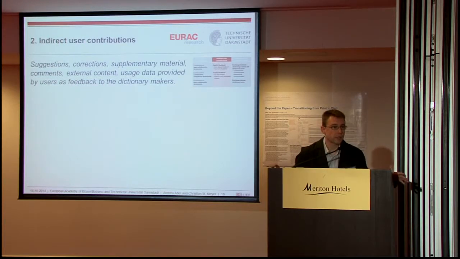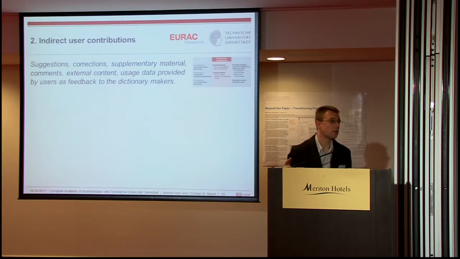So by feedback, the users cannot modify the dictionary articles and the dictionary as a whole directly, but they can provide various kinds of feedback to the dictionary, such as suggestions and corrections that are integrated by the dictionary makers into the dictionary.